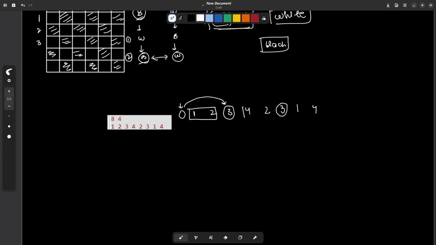Now you again have to jump 2 stones and then you can reach this particular stone 3, and then again you will have to jump 2 stones and you will reach the last position at which you have to go, and you will be able to cross the bridge with a maximum jump size of 2. So for this particular case you didn't have to change any color and you were able to cross the bridge with the maximum size of 2 without changing any color, right?